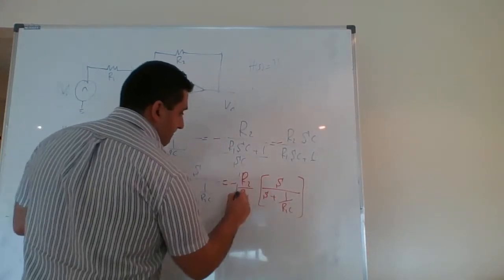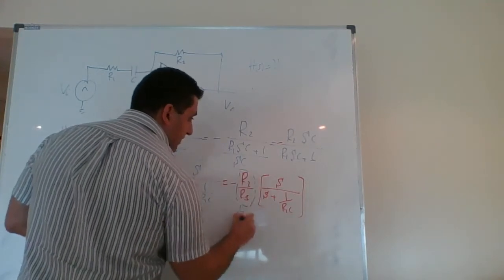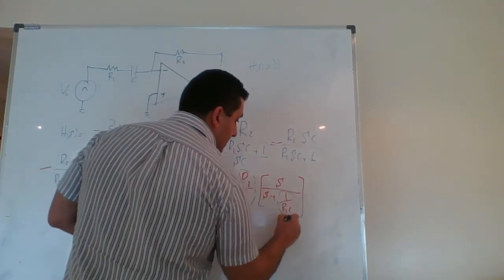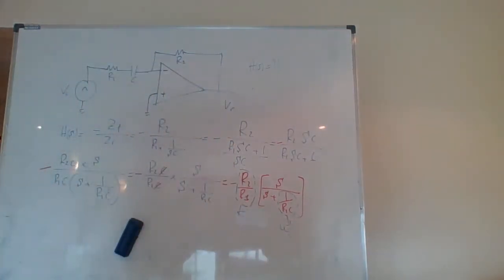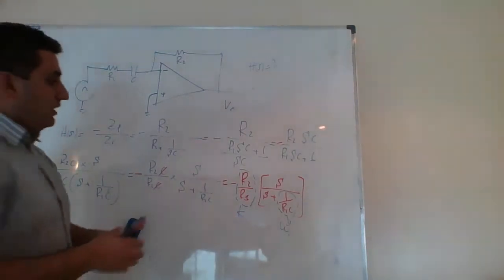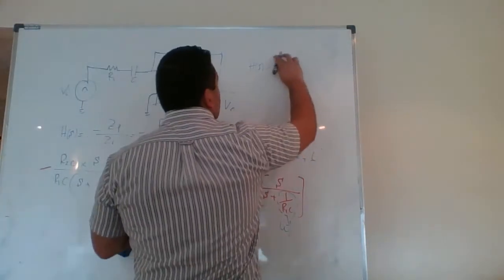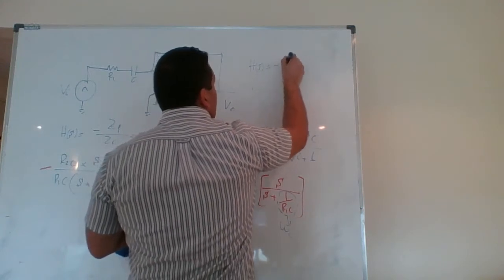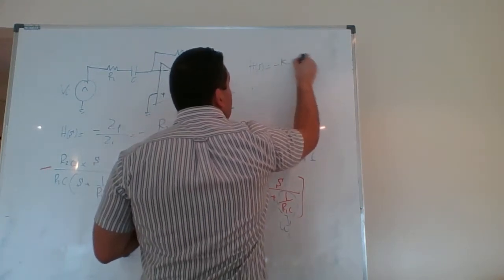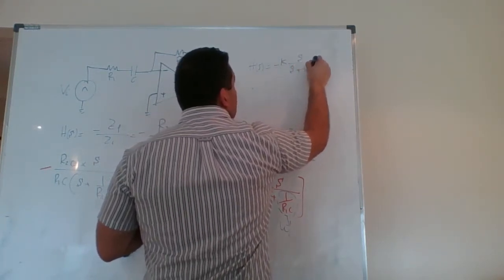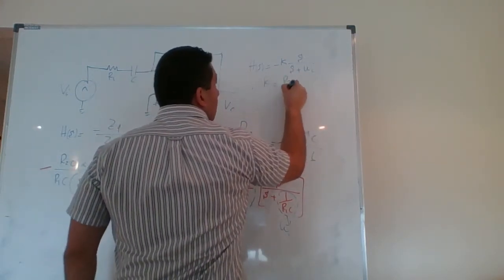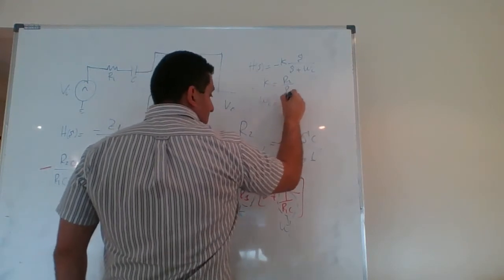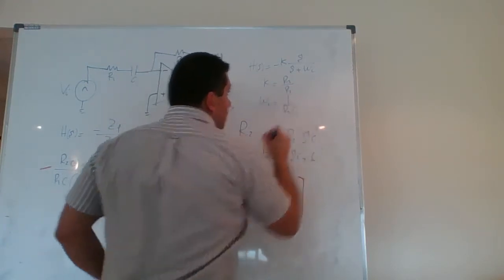This is K, this is omega C. So now the answer for this system is minus K S over S plus omega C. K is equal to R2 over R1, and omega C is 1 over R1C.